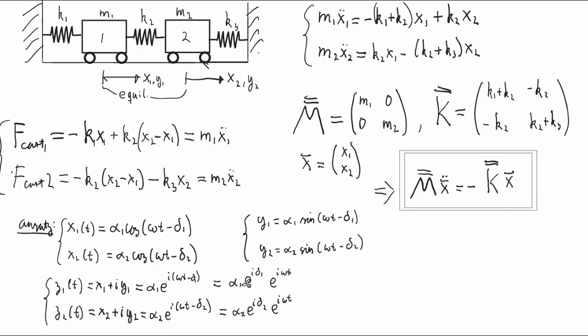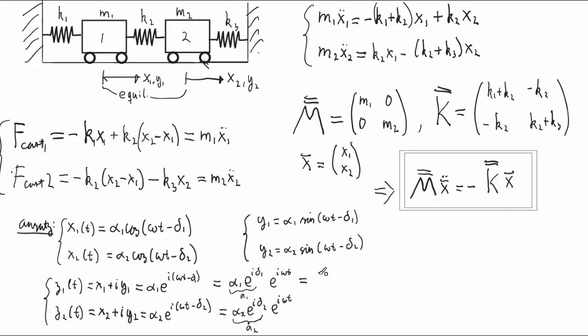Now, what we have here is a real number, alpha 1, times a complex phase. So together that makes a complex number, which represents both the amplitude and the phase of the position of the oscillation. So I'm going to call this A1, and same thing here, A2 times e to the i delta 2 is A2.